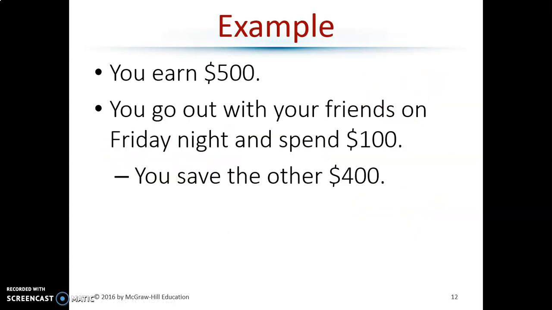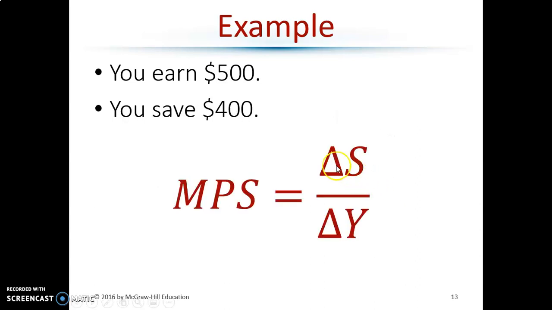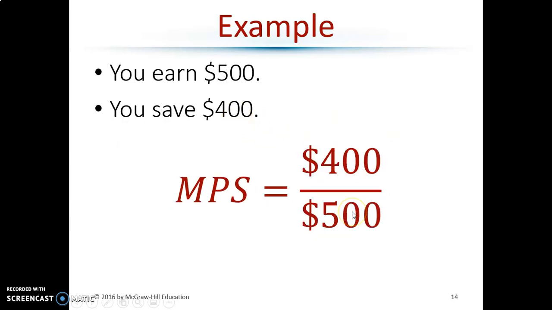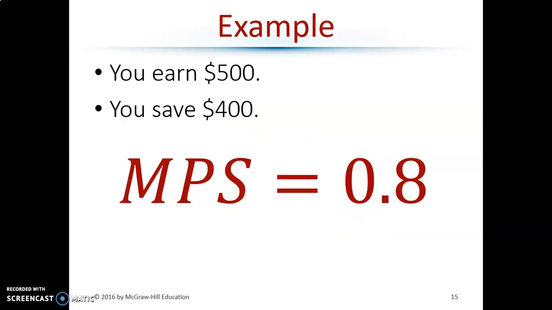In the example we just went over, you earned $500, but only 100 was spent. The other 400 wasn't spent in this period. So for this period, your marginal propensity to save is going to be 400 divided by 500. And that is, of course, equal to 0.8.